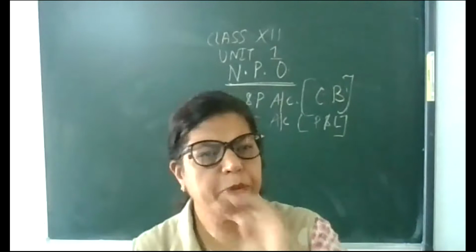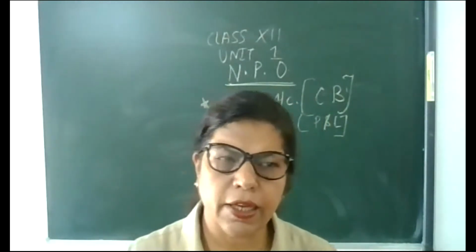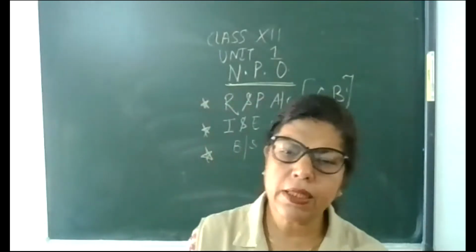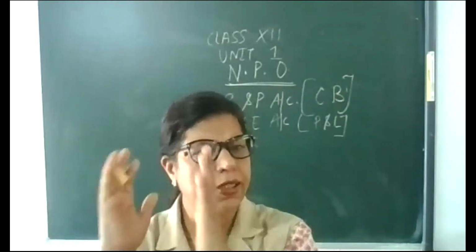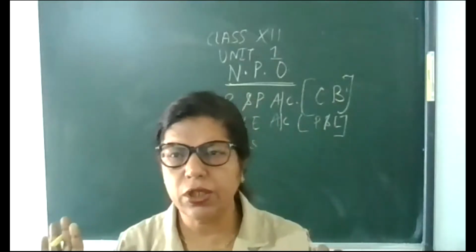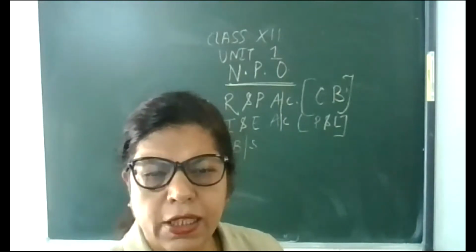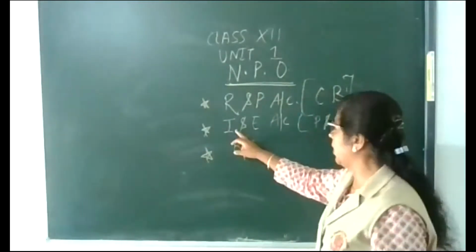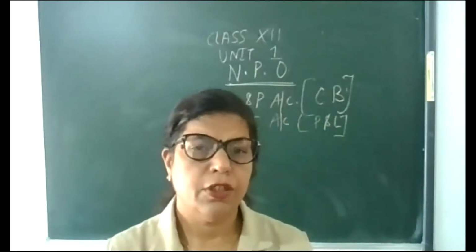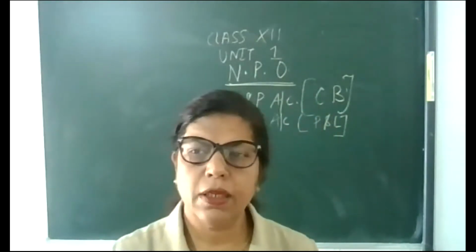The balance sheet is prepared the same way as I taught you in class 11th, chapters 9 and 10, financial statements. In the same way, they also prepare one side for liabilities, another for assets, and they match the totals also. So the balance sheet process is the same. The only difference is in the income and expenditure account: net profit from P&L will be termed as surplus in NPO.